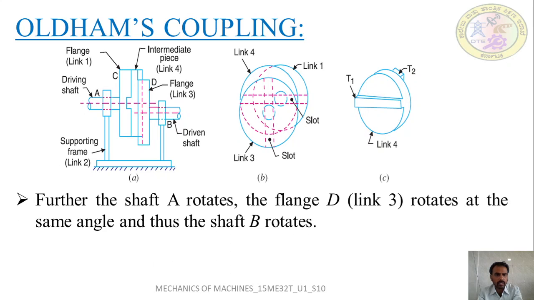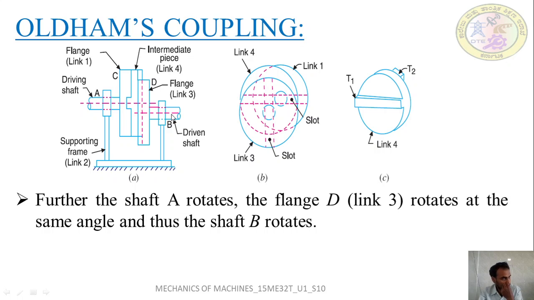Further, this leads to the rotation of the flange, that is link 3. As this flange rotates, the driven shaft B will also be rotated.